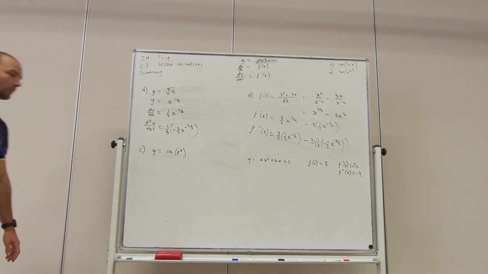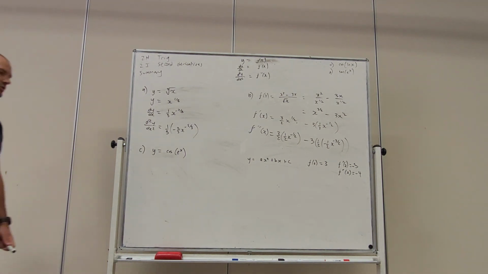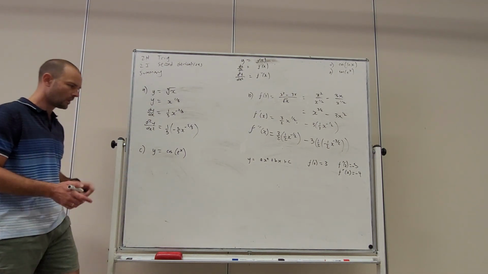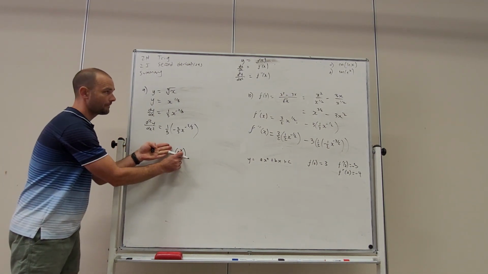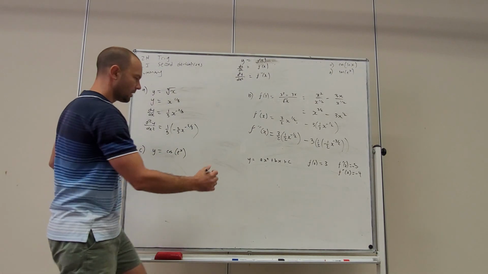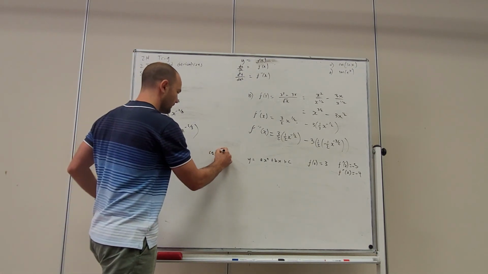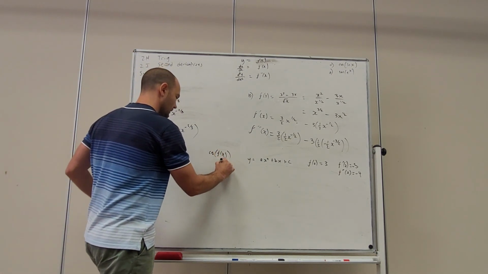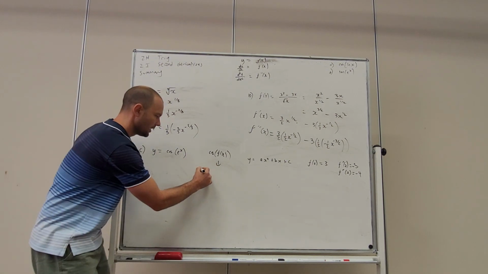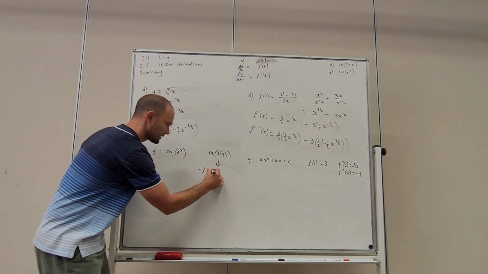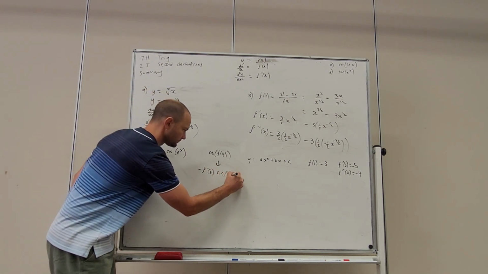Okay, let's move over here. I think we just had a cos of e to the x question, or we had tan of e to the x, didn't we? So when we have cos of f of x, I might write the rule up. If we have cos of f of x, so this is just the rules we've just learned, it goes to minus f dash of x sine of f of x.